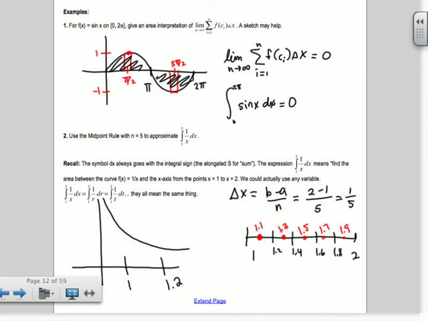Now, what would be the advantage of using the midpoint? Yeah, in this case, a little bit of your rectangle is above the curve and a little bit's below the curve. So it's going to be an even more precise method. Okay, so that's why we'd use the number in between.